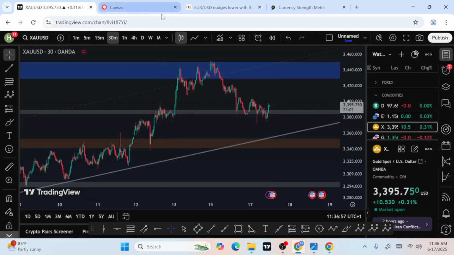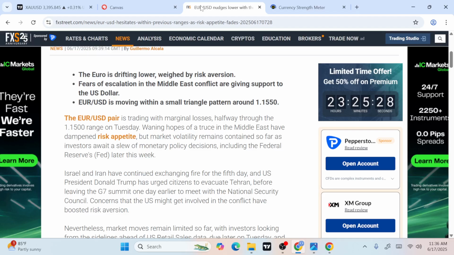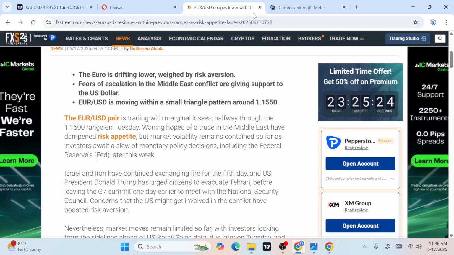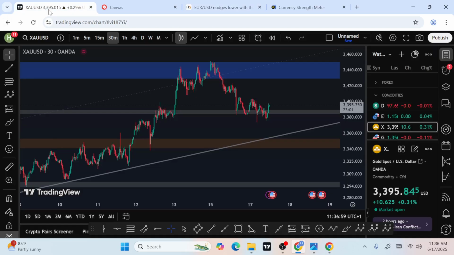So my first confluence is that I check for my news, right? I check for what is happening in the market. I check my strength. This can apply as fundamentals because you have to combine your fundamentals and your technical. Then I now go here, I do my technical analysis.